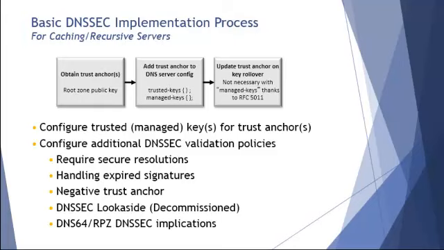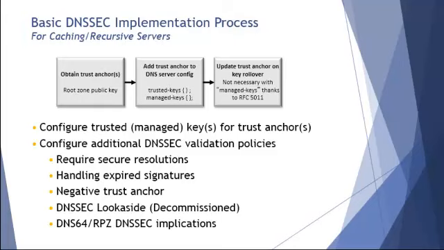There's a first root key rollover occurring on October 11th, 2018, and if you've got managed-keys set up, it should automatically keep up and roll that key right along with the root. So the update of the trust anchor on key rollover is not manually necessary if you're using the managed-keys statement, and that process of trust anchor management is defined in RFC 5011.